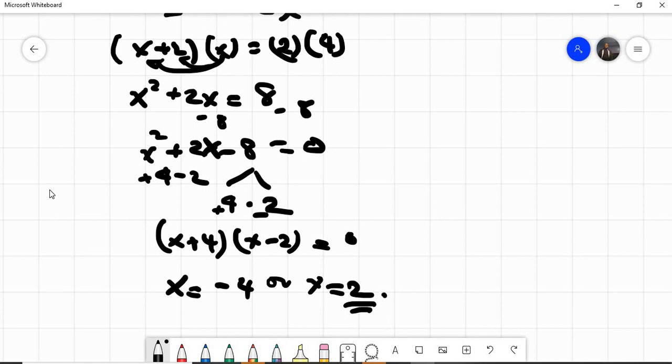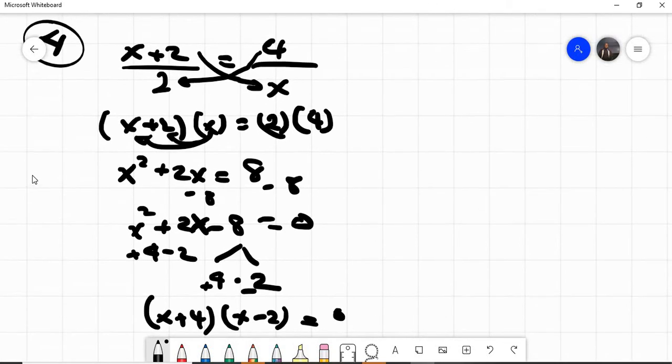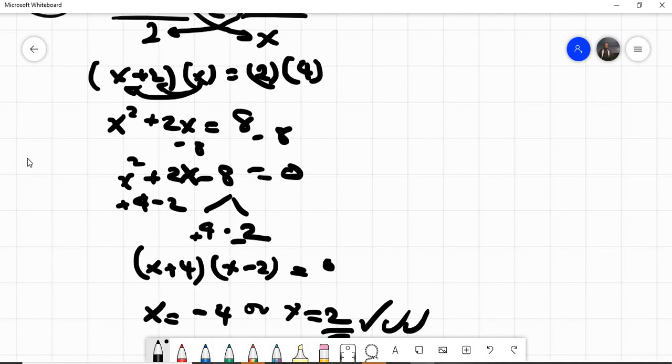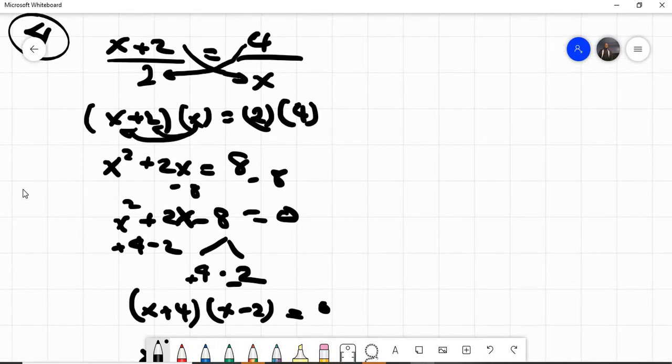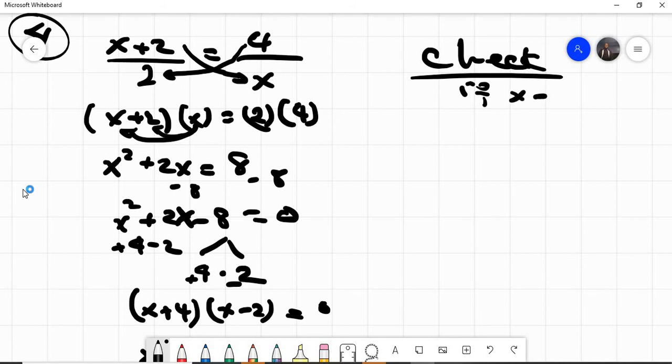So we're going to use x equal 2 because it's positive. And if we check our equation, let's see. We substitute x equals 2. The equation says x plus 2 over 2 equals 4 over x.